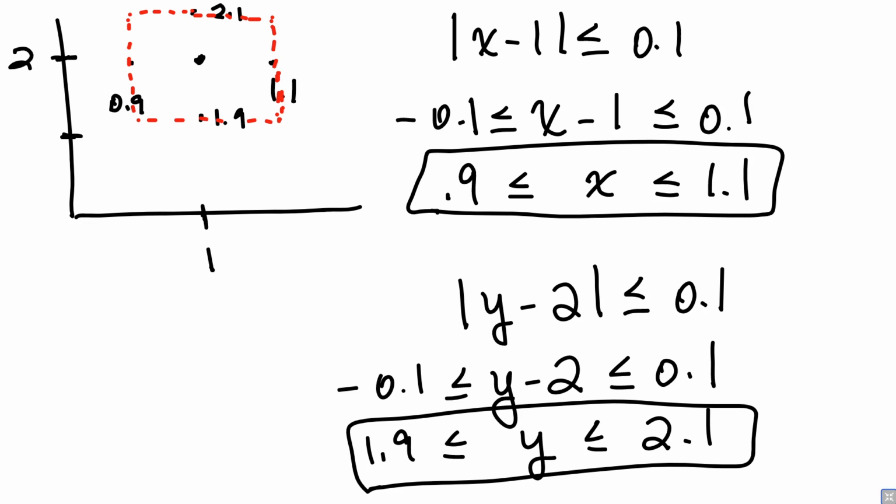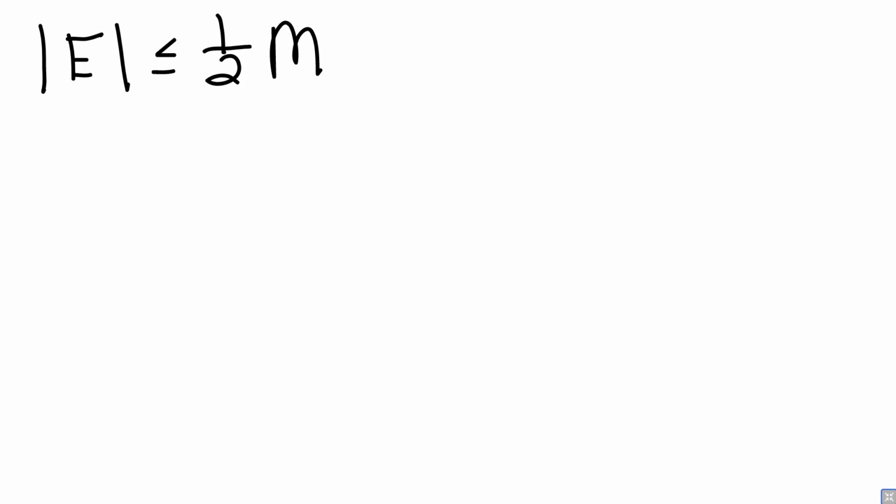Okay, so if we want to find the error, this is what we're going to do. The error is going to be less than or equal to 1/2 capital M times the absolute value of x minus x sub 0 plus the absolute value of y minus y sub 0, and this expression is going to be squared.